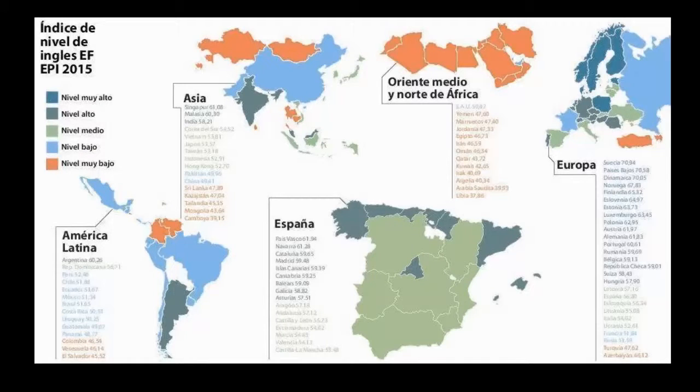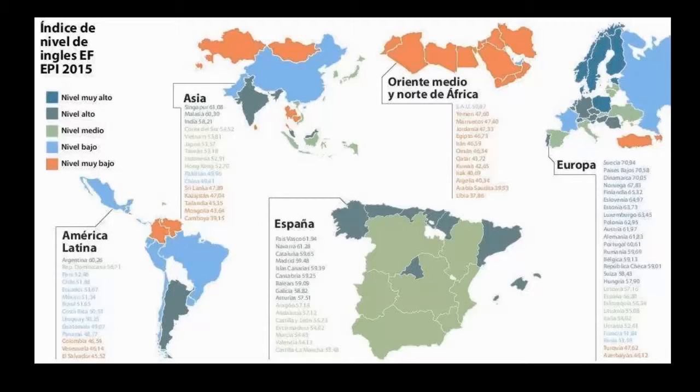Now we show you a map where the people speak English and the fluency they have. This is divided by colors. The first color is Europe, where the people speak this language with a lot of fluency. The second color is Spain, where they speak with less fluency than Europe. The third is part of Spain, but also some parts of Europe.